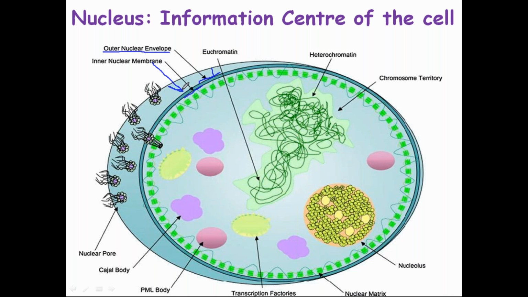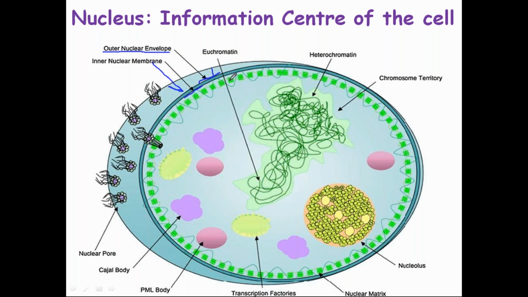So our nucleus is a double membrane structure having two layers. Both of these are very, very important. We will see in the consecutive slides, but both of these are very, very important.